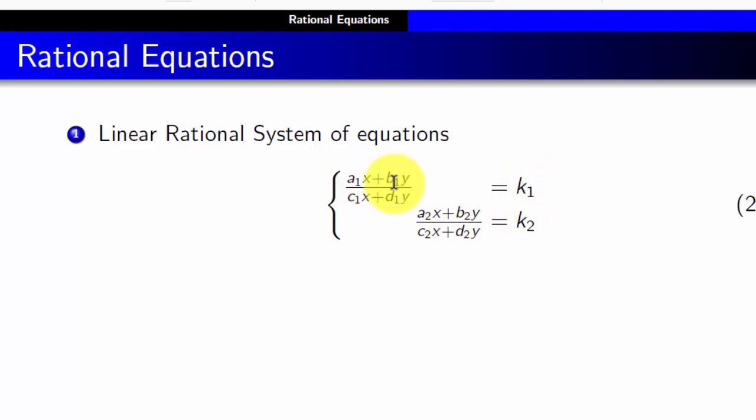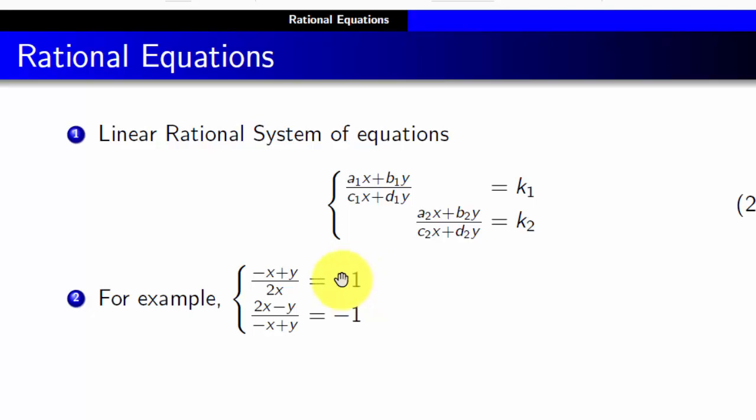The two variables are x and y, and a1, b1, c1, d1, k1, as well as c2, d2, a2, b2, and k2 are constant numbers. For example, (-x + y) divided by 2x is equal to -1, and (2x - y) divided by (-x + y) is equal to -1 is an example of a linear rational system of equations.